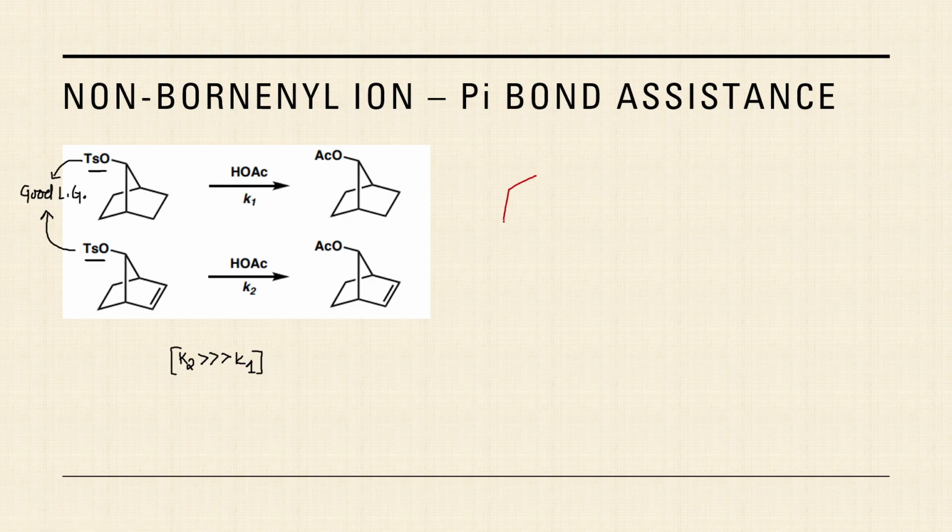So this is your system और यहां पे कोई OTS present है. Okay, now if I draw the molecular orbitals or the orbitals which are actually interacting, हम क्या इसको इस तरह से दिखा सकते हैं.